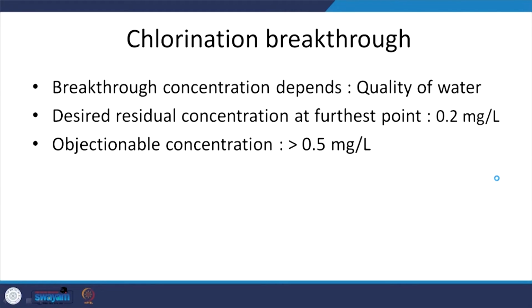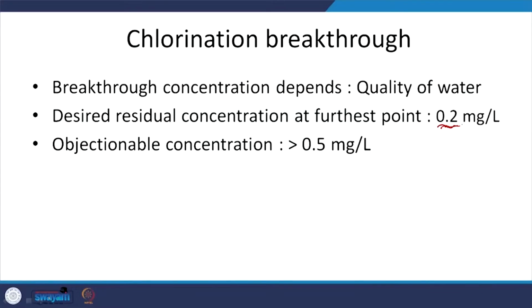And in general, we want residual chlorine such that it's 0.2 milligrams per liter at the furthermost point on the distribution system. Why? Let's say I'm staying far away and I need to see to it that there is enough chlorine to tackle any microbial growth or any intrusion of sewage or such that can tamper or pollute my distribution network, right.